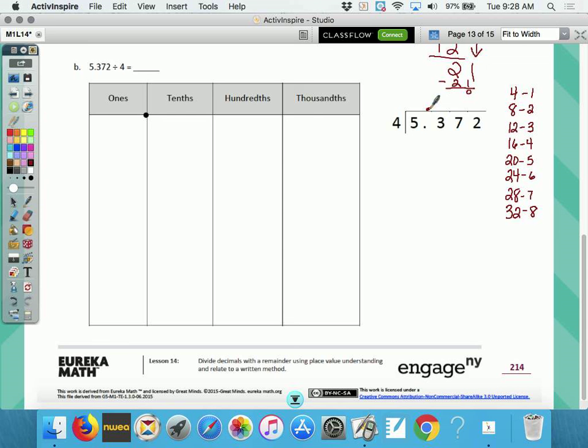Since I'm dividing by 4, I need 4 rows below my double line. What's the easiest way to do that, boys and girls?